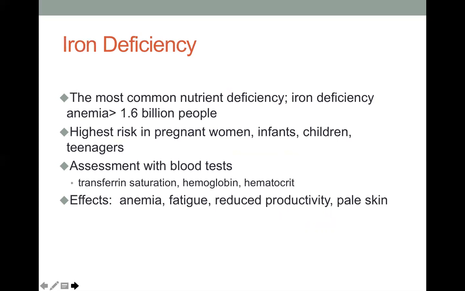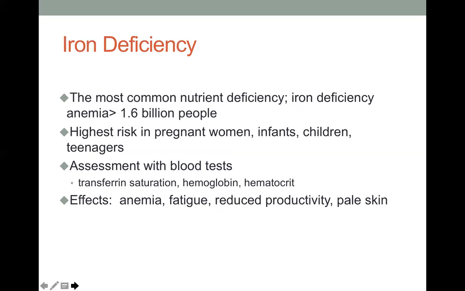Pregnancy is a time where iron needs are increased substantially due to increase of red blood cell volume for the pregnant mom, as well as iron going to the fetus, as well as iron that's potentially lost at delivery with bleeding. Infants, children, and teenagers have higher iron needs because they're growing so rapidly.